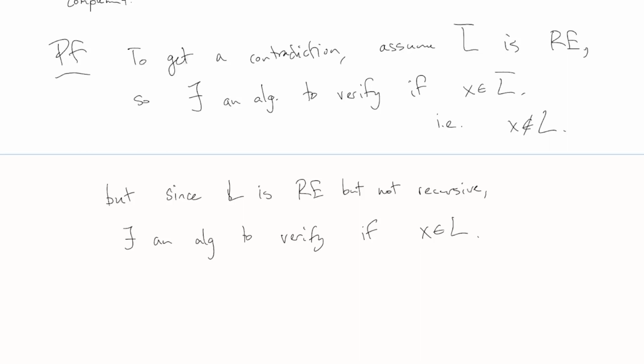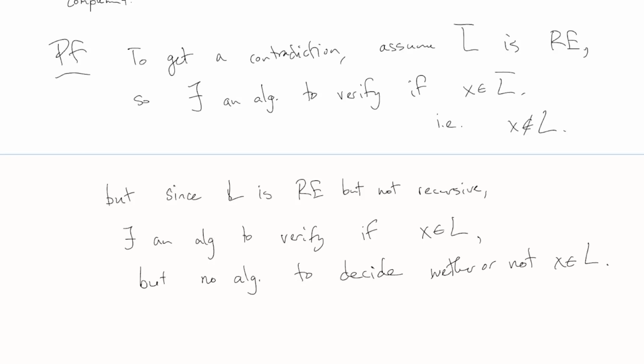But not to tell one or the other. So there exists an algorithm to verify if X is in L, but no algorithm to decide whether or not X is in L, all right?